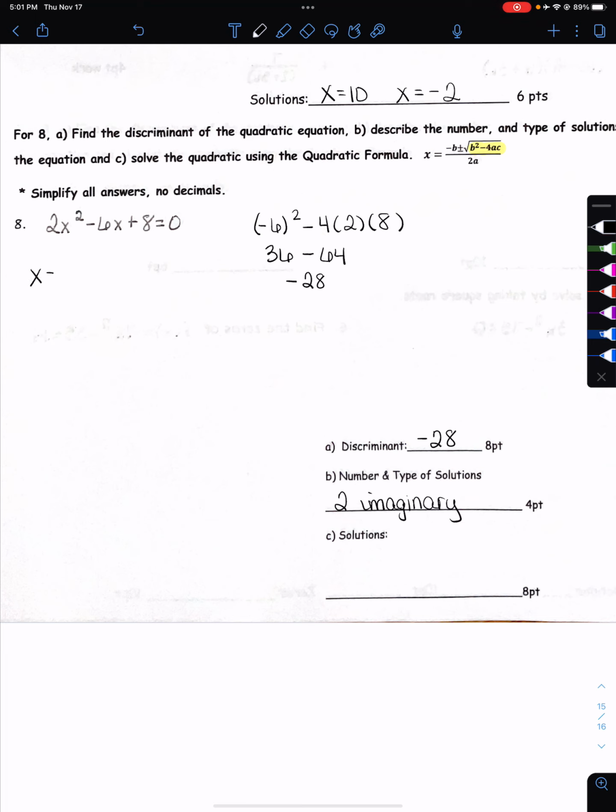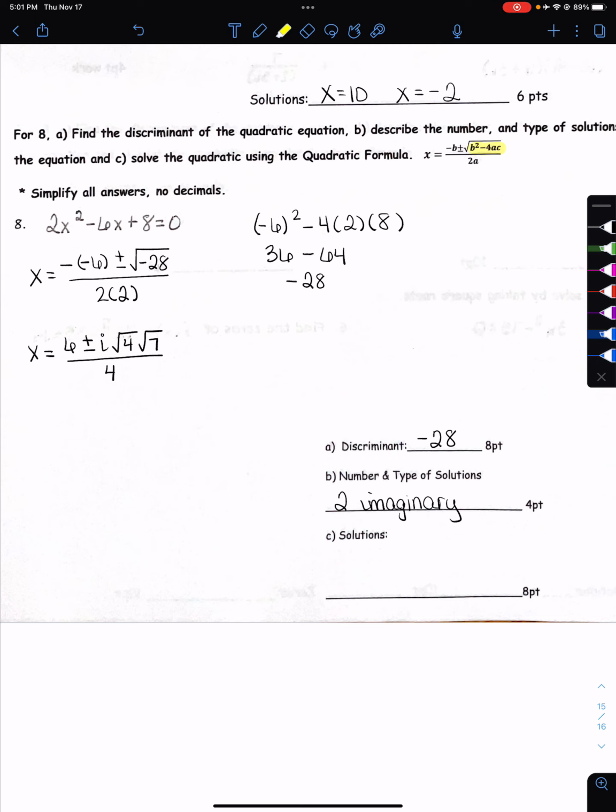So I have x equals negative b plus or minus the square root over 2 times a. So negative 6, negative 28, and 2. So x equals positive 6 plus or minus i. I cannot take the square root of 28, but I do know that it's radical 4, radical 7 are equivalent, all over 4.